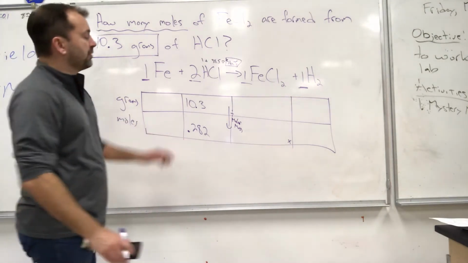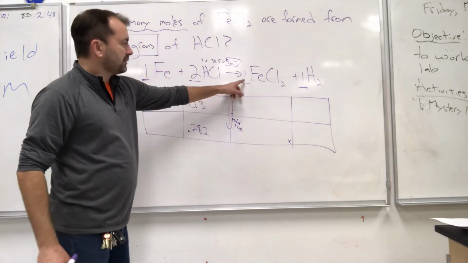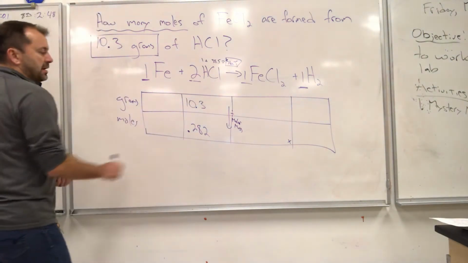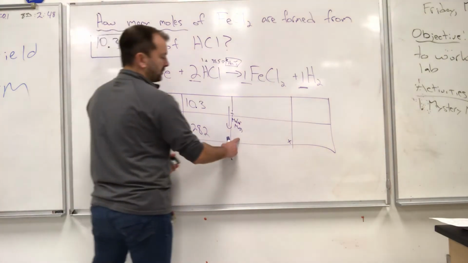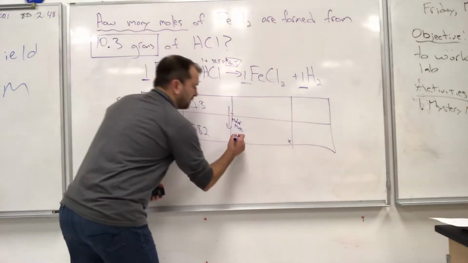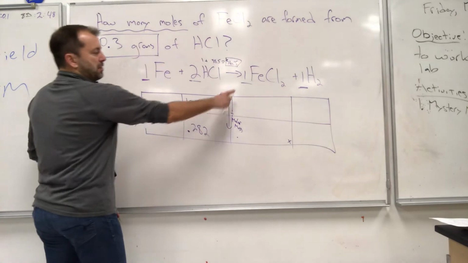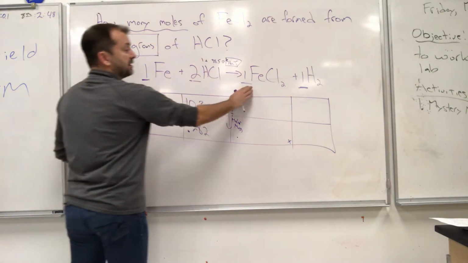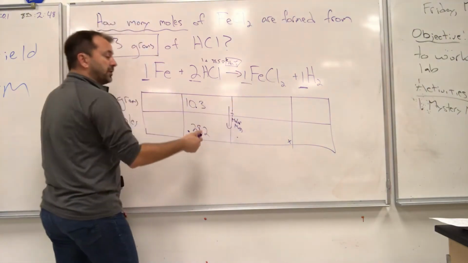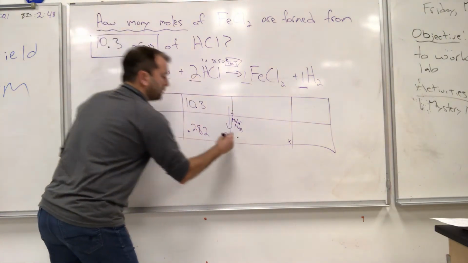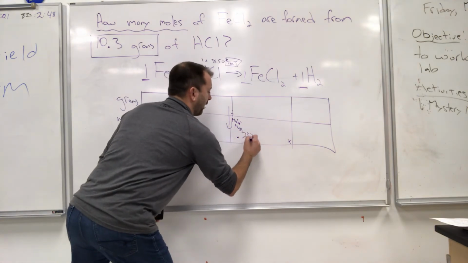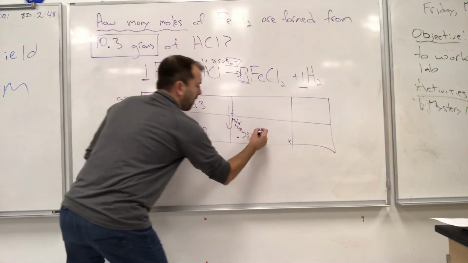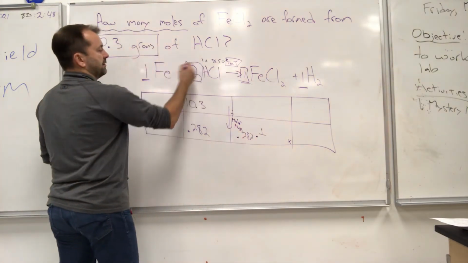We got this number, and now what we can do is use the mole ratios to fill in the rest of the mole part. If I know this is 0.282, and I look here, I need 1 mole of this for every 2 moles of this. In other words, this is half as much. What you're doing is taking this number, 0.282, and multiplying it by 1 divided by 2.